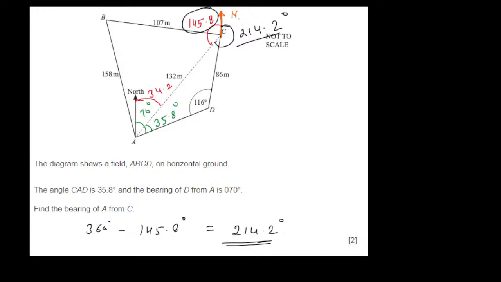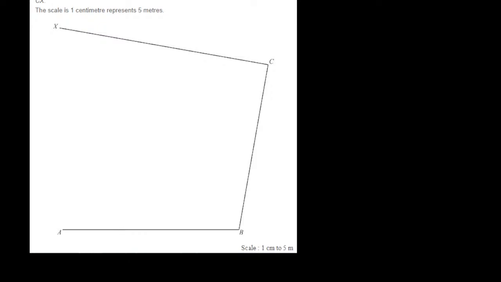Okay, question number 3. Now the problem is, the diagram shows an incomplete scale drawing of a marketplace ABCD where D is on CX.